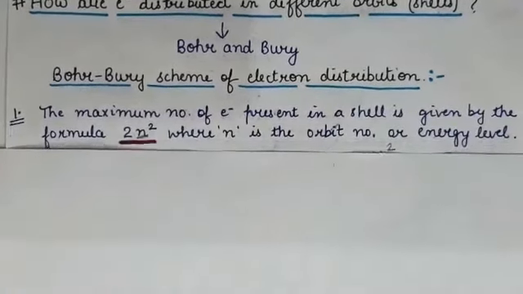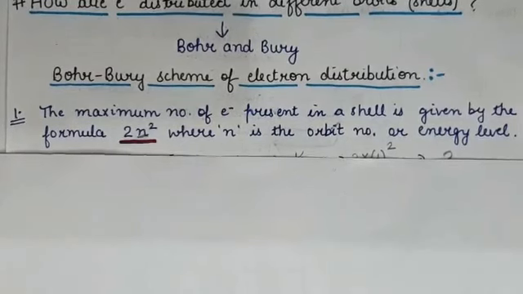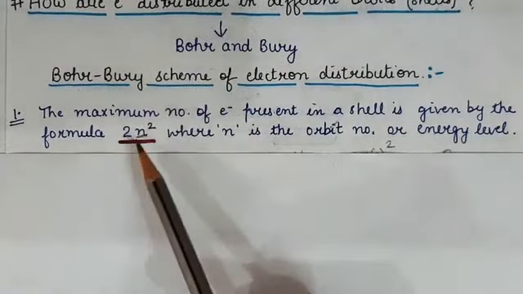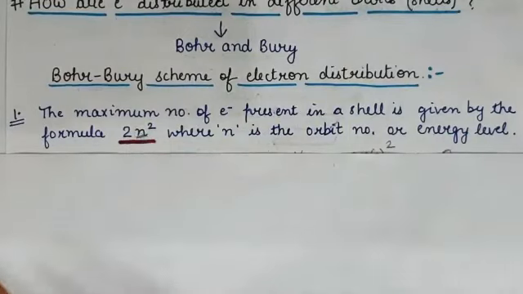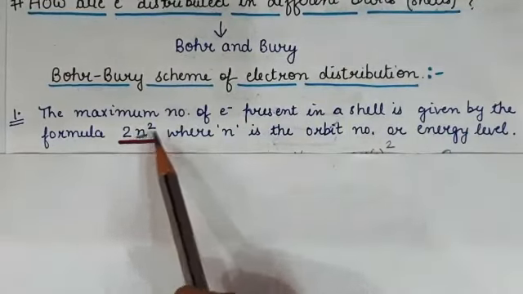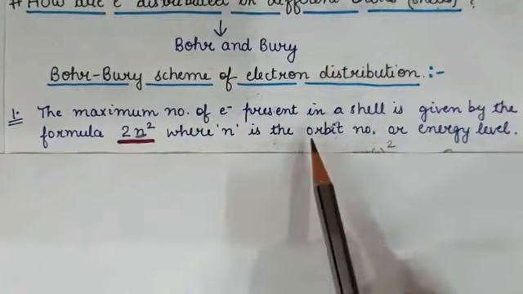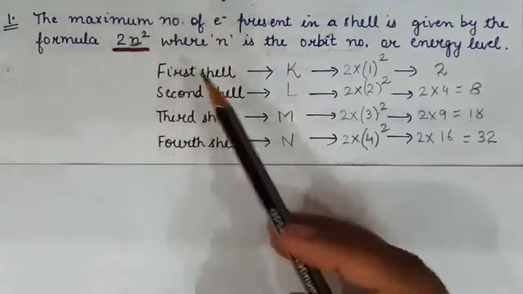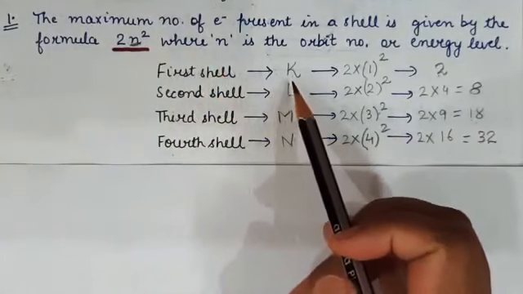Number 1: the maximum number of electrons present in a shell is given by the formula 2n squared, where n is the energy level, the shell number, or the orbit number. Suppose the first shell is the K shell.